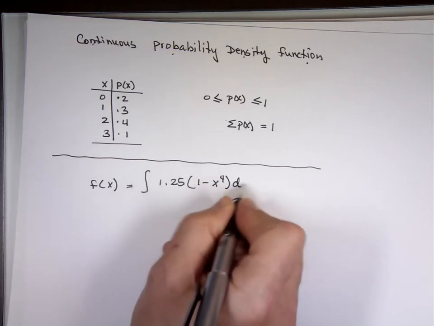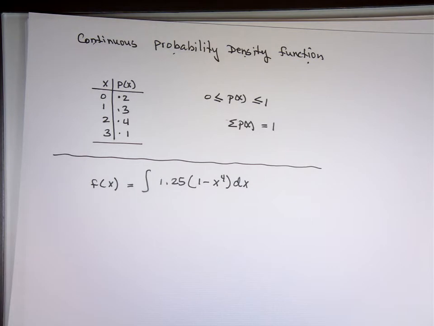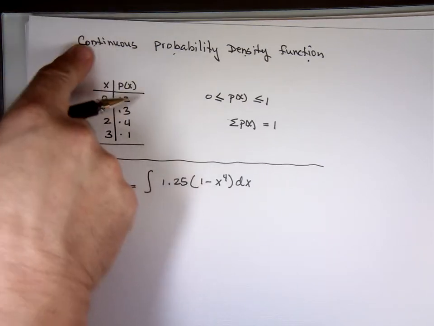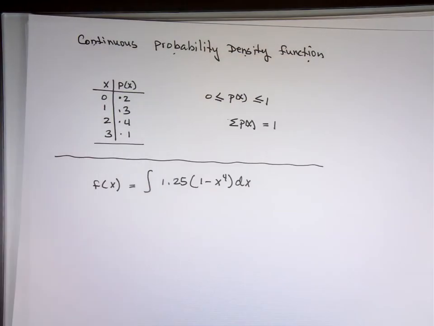This could be the thickness or the size of an opening in a hole. You measure that, and what is actually that opening? Is this a valid continuous probability density function? That's the first question.